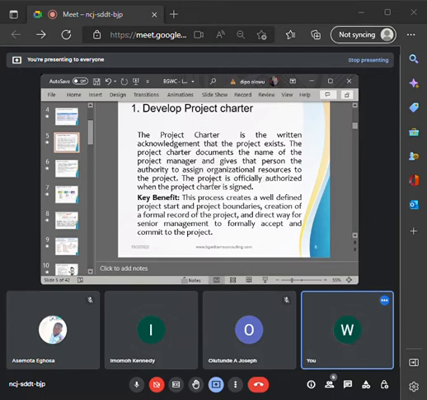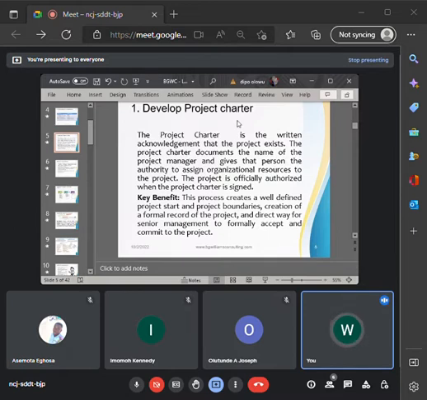Now, you see that it is a responsibility or it is a process. And that process is the first process in every project. So the first thing that should be done at the early stage of your project is to develop a project charter. Now, what is a project charter?